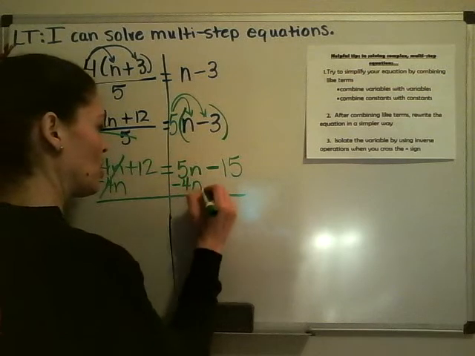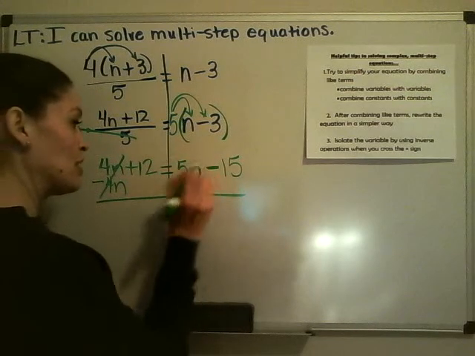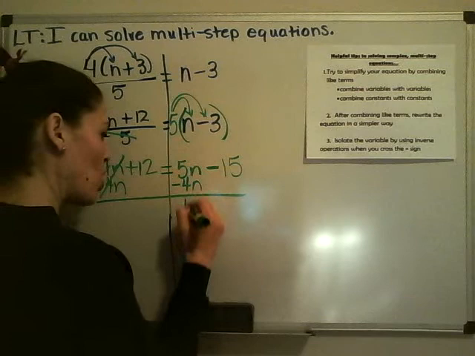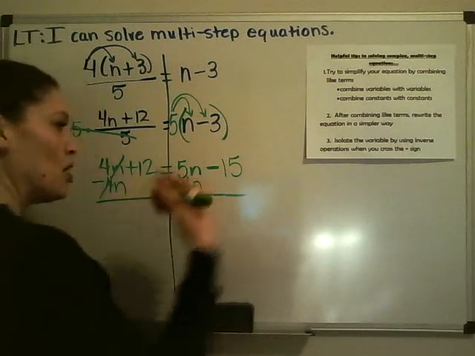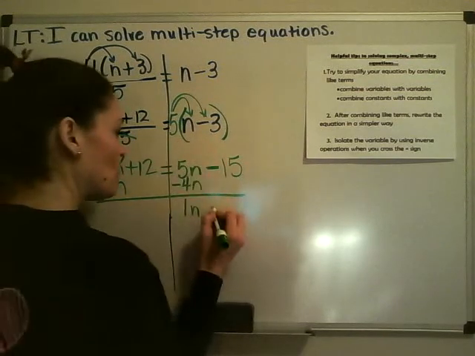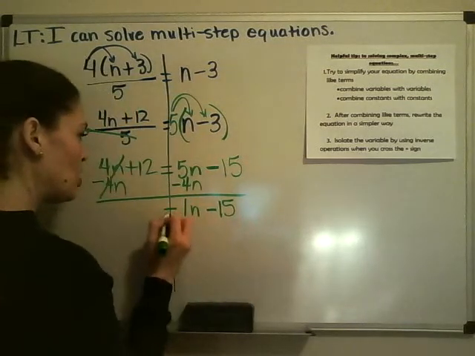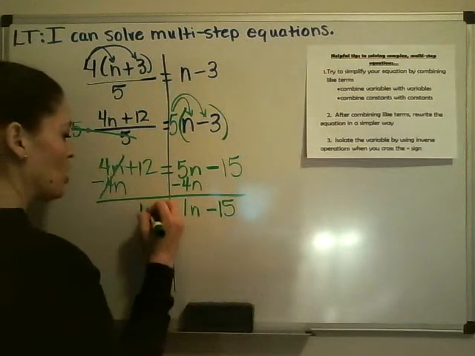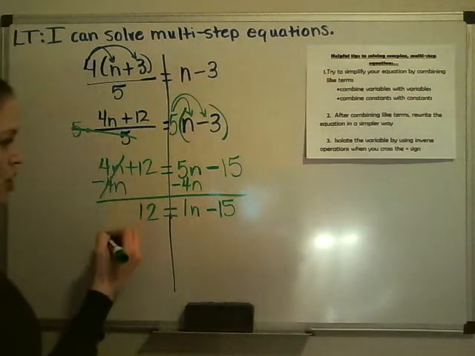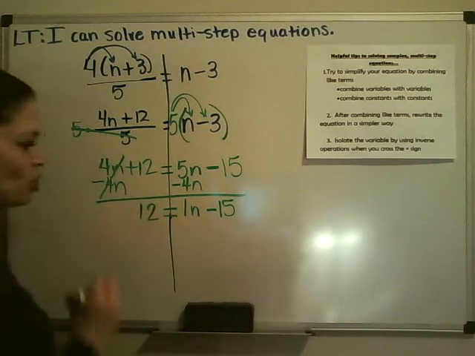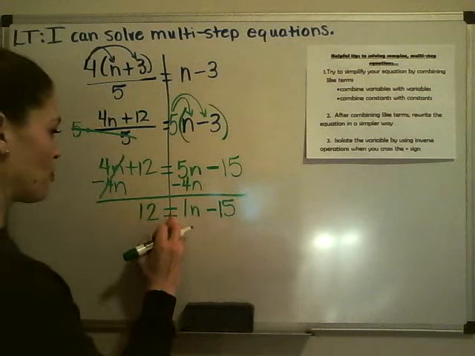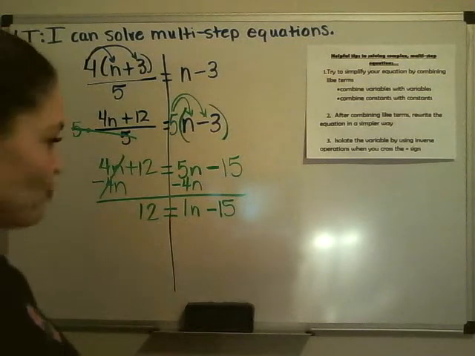Minus 4n. 5n, take away 4n, that is 1n. Bring down everything that you have left to have a minus 15 equals and a 12. It's positive, but I don't really need to put the plus sign there right now. So I'm not going to.